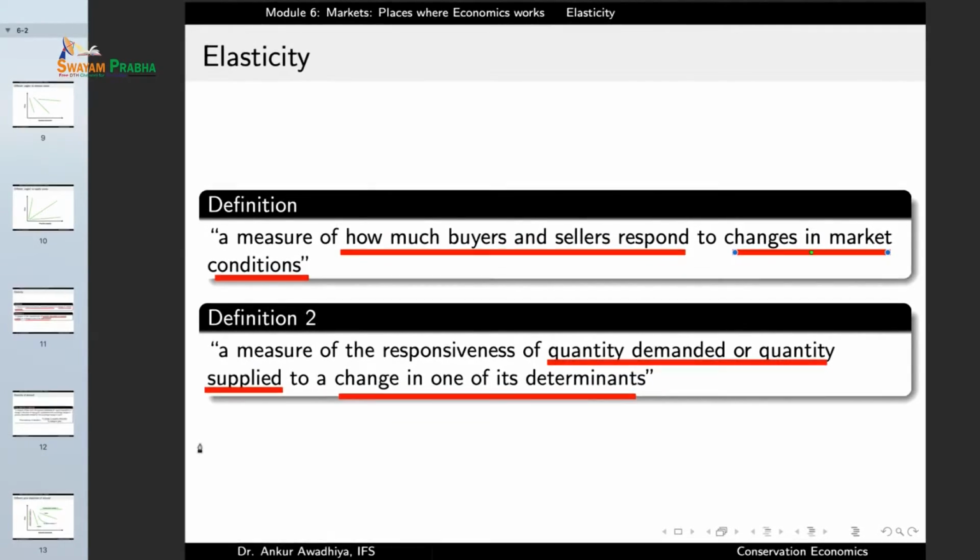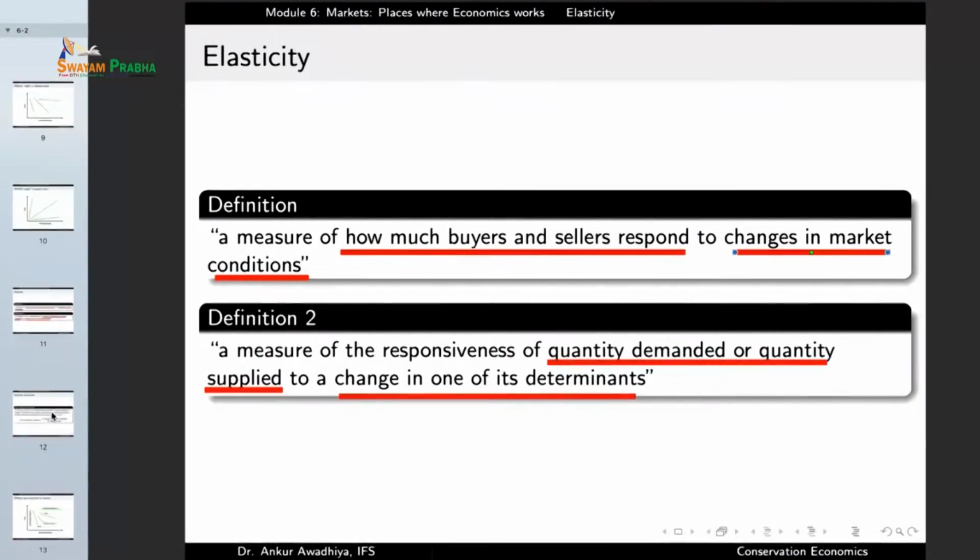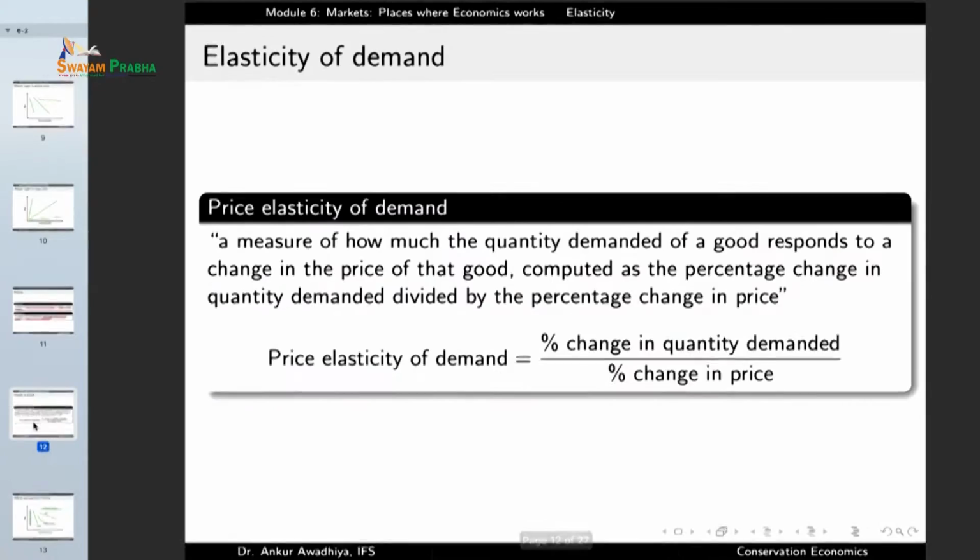We are trying to measure the response of the buyers and the sellers. But then, is there a way in which we can quantify this? Because remember, we are trying to measure the change in the direction, and we are trying to measure the change in the magnitude. Now, if we wanted to do that, we would require certain formulas. And this is one such formula.